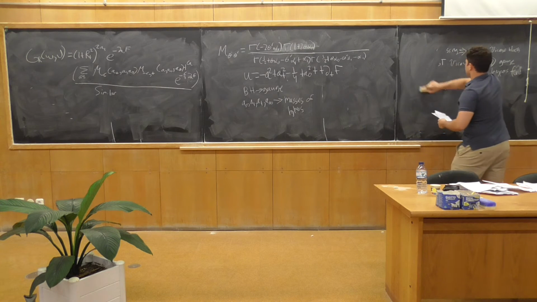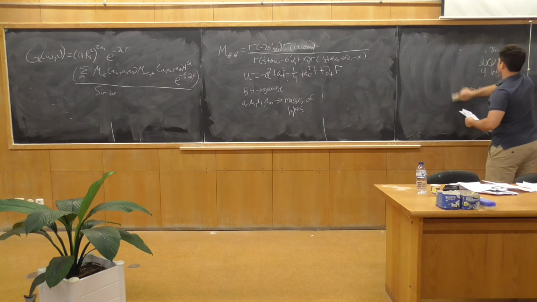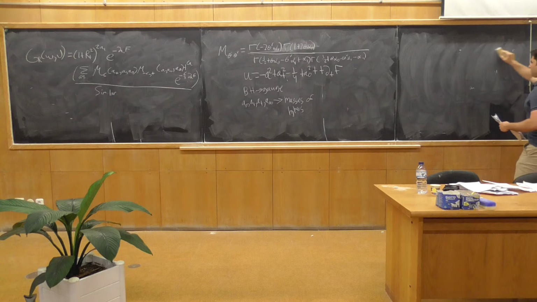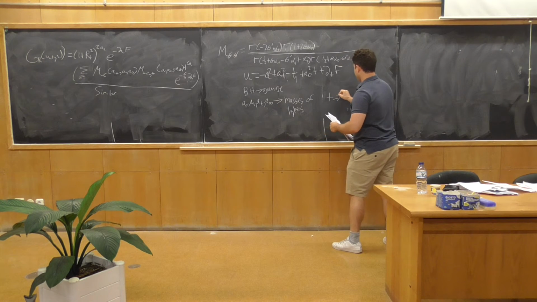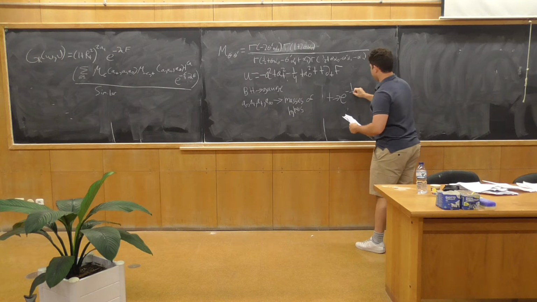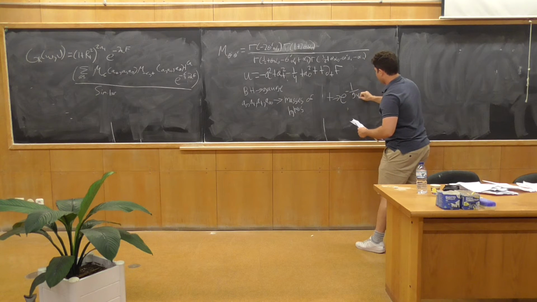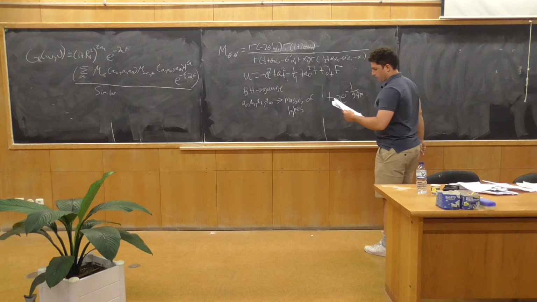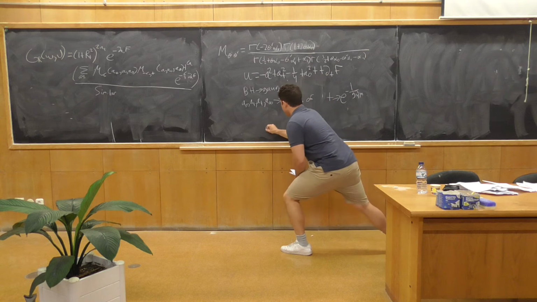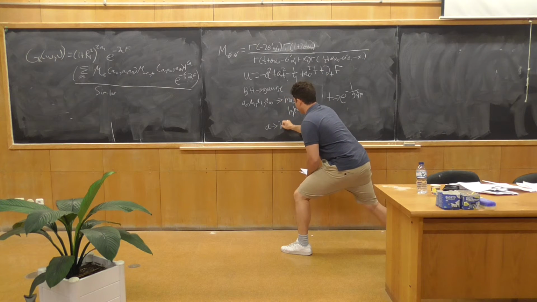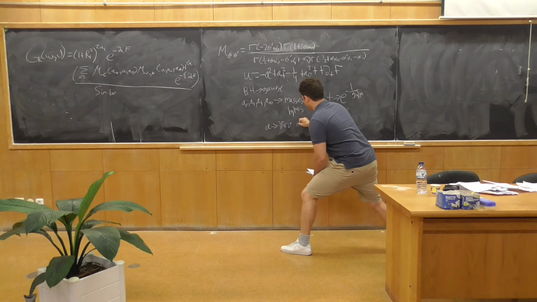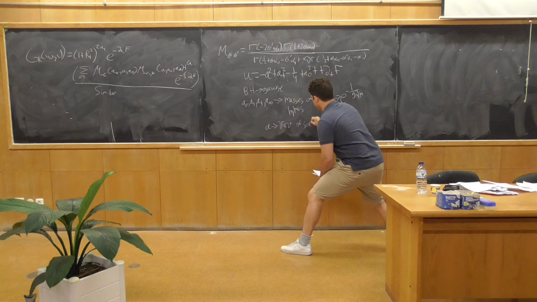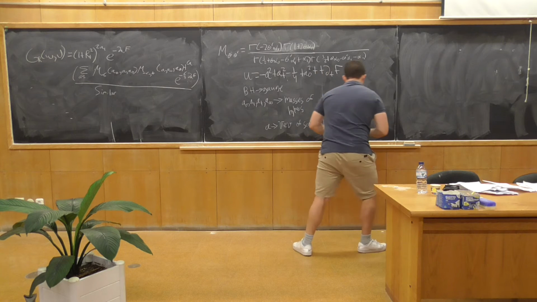T maps to e to the minus 1 over g_YM squared, which is the instanton counting parameter. And A maps to the vev of a scalar in the theory. Okay, so that's the map.